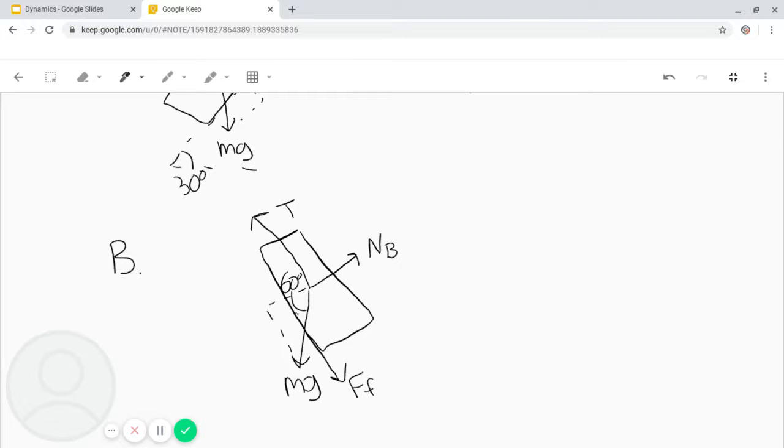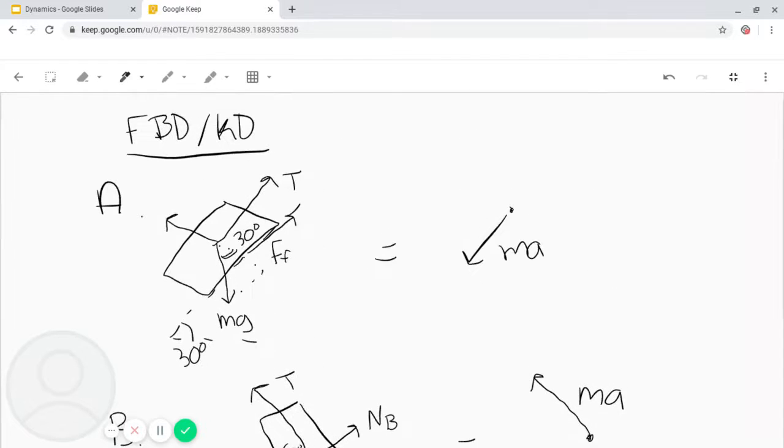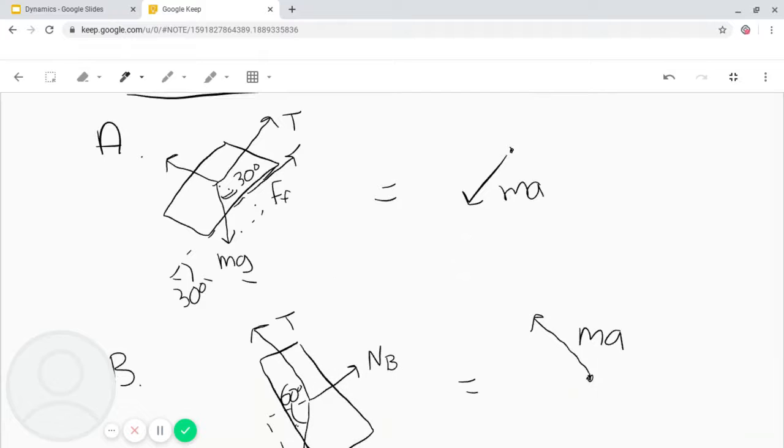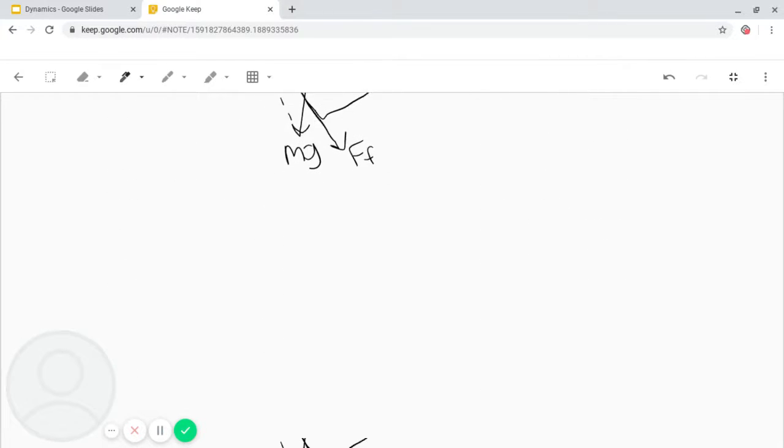So this is equal to, again, treated as a point source, mass times acceleration. Okay, so we have our free body diagrams. And now we want to find our equations of motion.